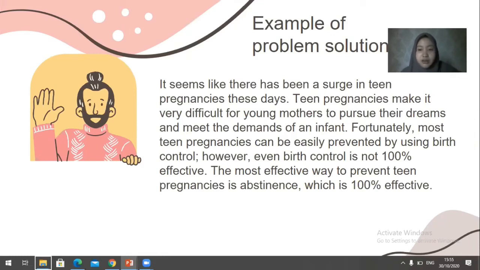Fortunately, most teen pregnancies can be easily prevented by using birth control. However, even birth control is not 100% effective. The most effective way to prevent teen pregnancies is abstinence, which is 100% effective.